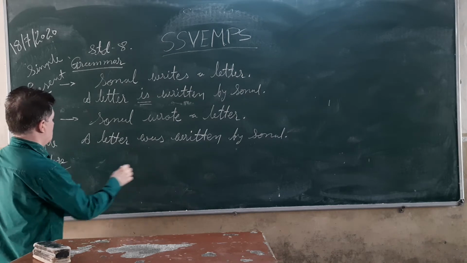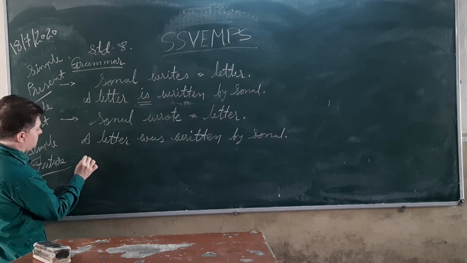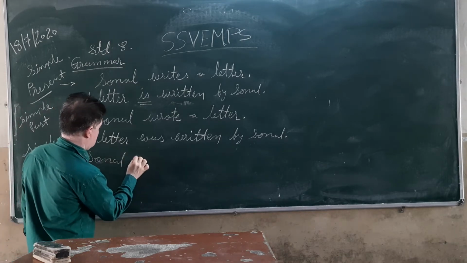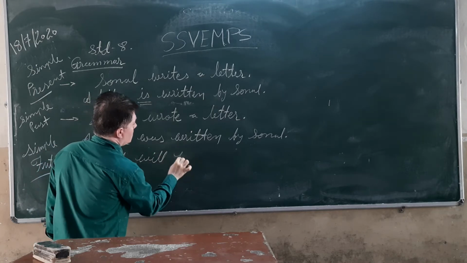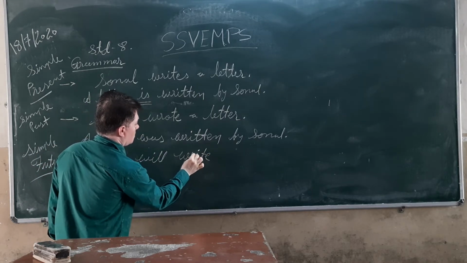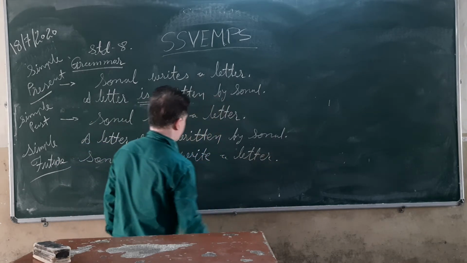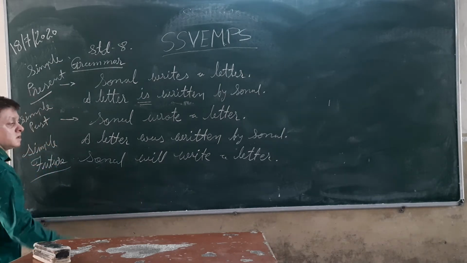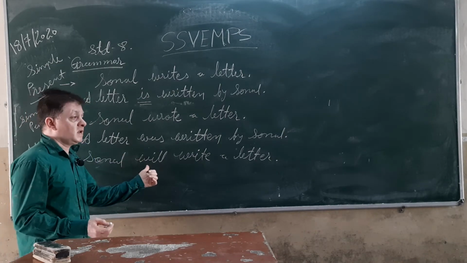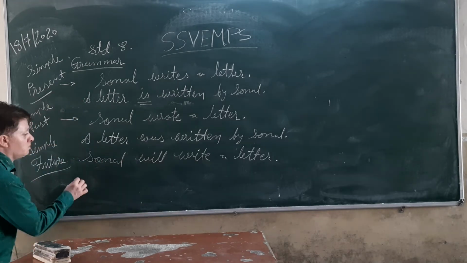Okay, so here in the simple future tense, Sonal will write a letter. In the future tense we have will as the auxiliary verb, so we have to take be as the form of to be.